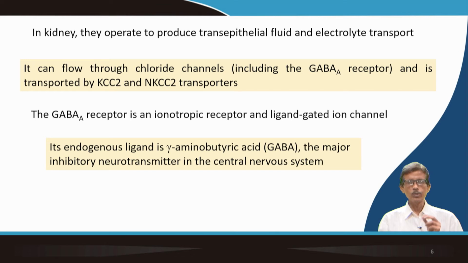So, what is there? You have the corresponding ligand. The endogenous ligand is your GABA, the gamma aminobutyric acid, which is nothing but a major inhibitory neurotransmitter in the central nervous system. So, we are basically correlating these things, very important functions.